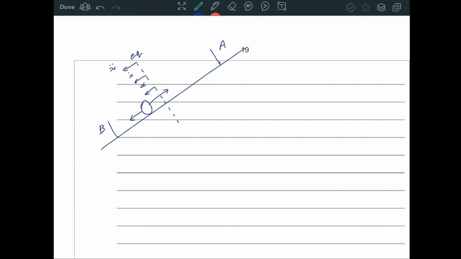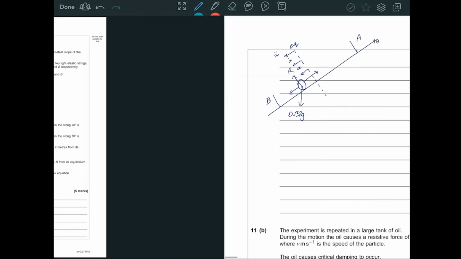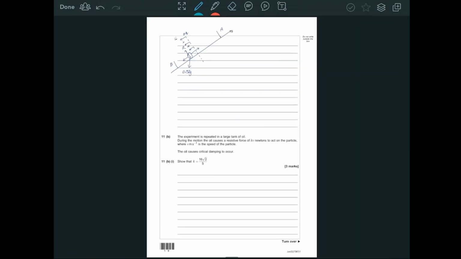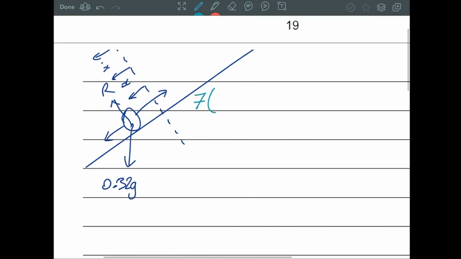We've got some forces going on here, and we've got the R and 0.32G. Now these forces we have to be careful with, because now we know stuff about the extension. So the force up to A was normally 7 lots of, so this one up here will be 7 lots of the extension.